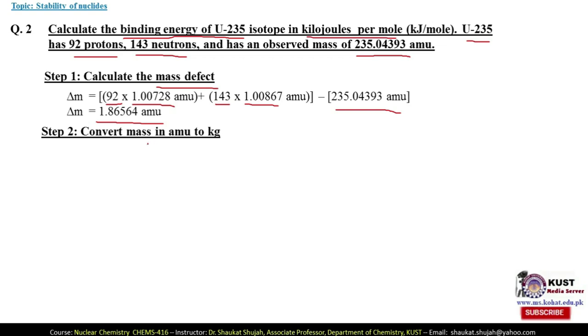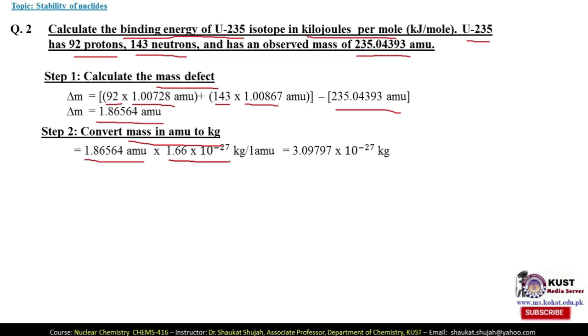In the second step, we will convert the mass in AMU to kilogram by simply multiplying the mass in AMU with 1.66 times 10 to minus 27 kilograms per AMU, and the answer which we get is 3.09797 times 10 to minus 27 kilograms.